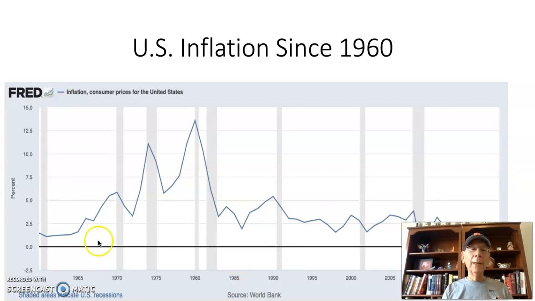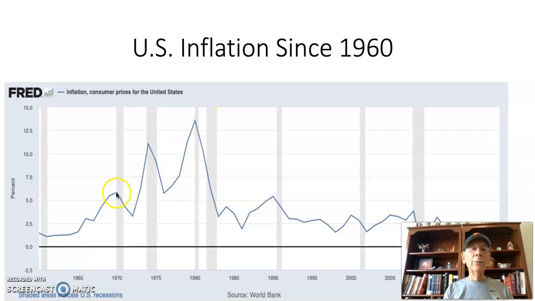But this is inflation going back to about 1960. Once again, gray areas are recessions. What you can see is, thanks to OPEC, we had two spikes in inflation in 73 and in 79, 80. OPEC dramatically raised prices.